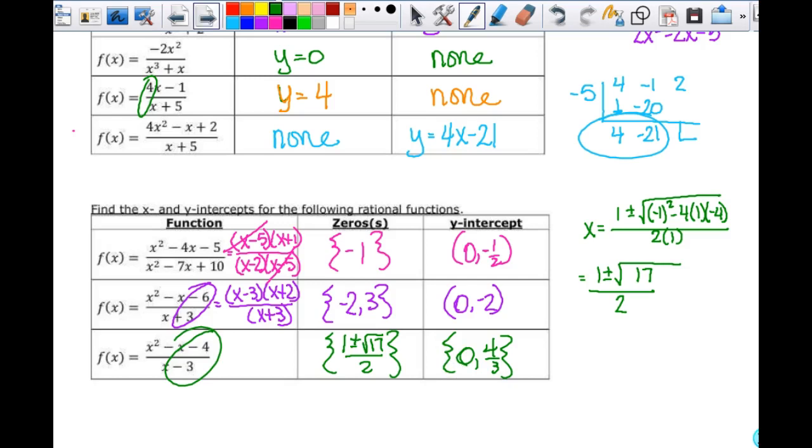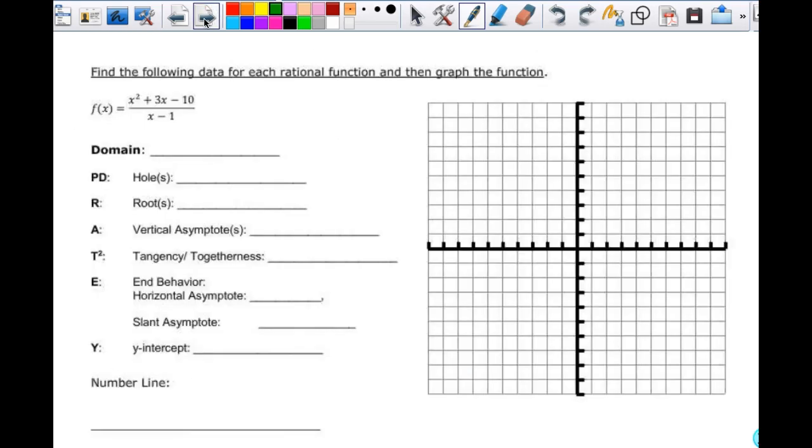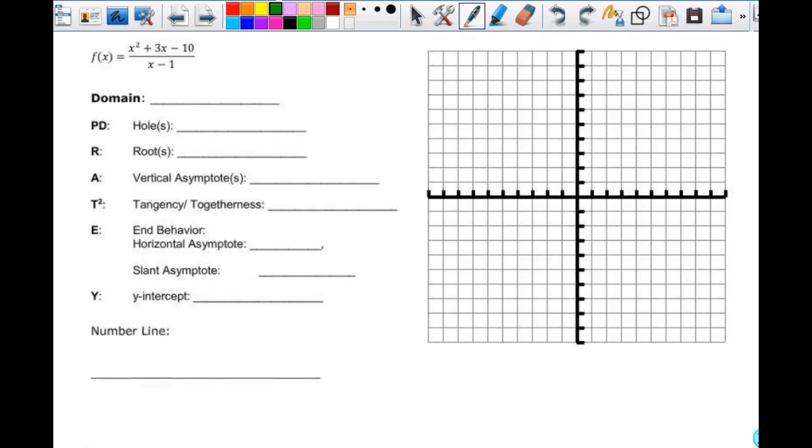Okay. All right, page 2. So we're going to figure out all this data and graph. So my domain here is going to be the set of all x's such that x cannot equal 1. Then I need to factor this, see what's going on here.